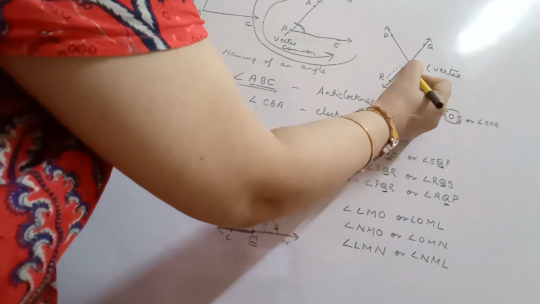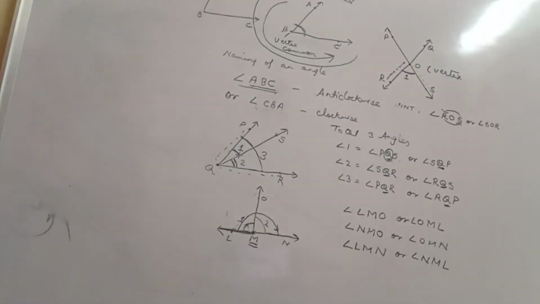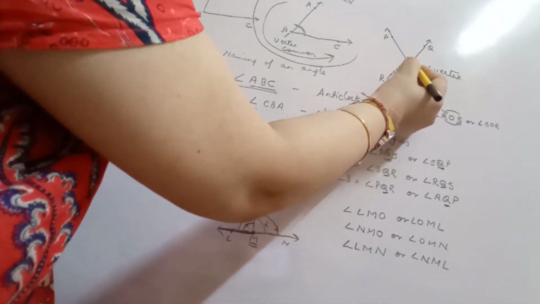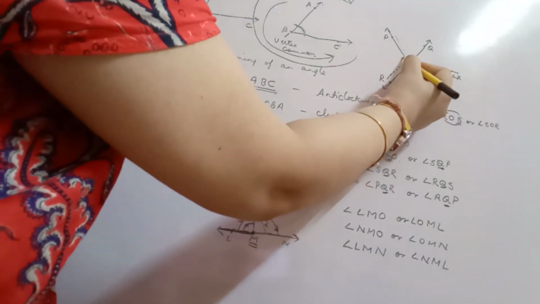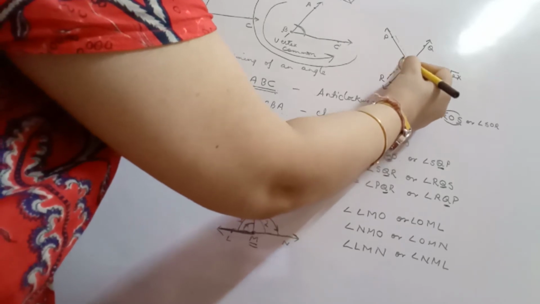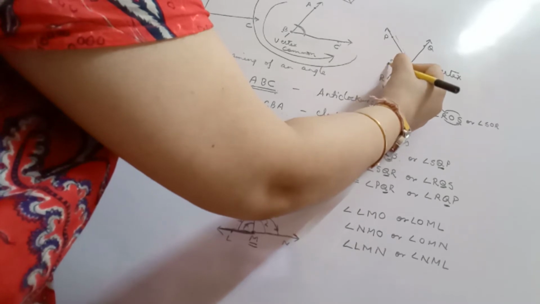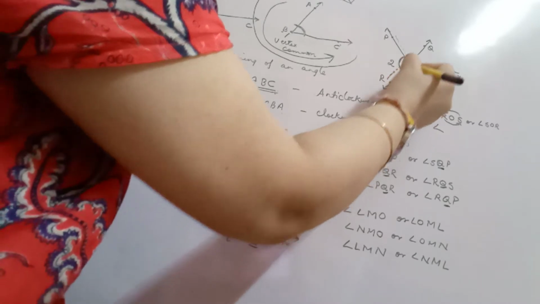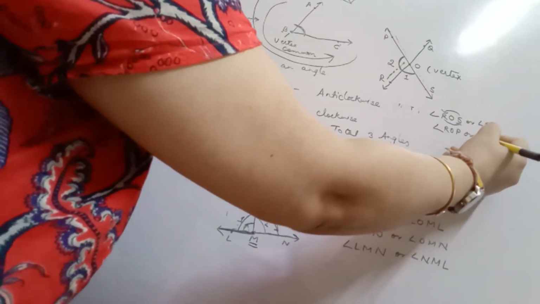Suppose I start again with RO and go till PO. So my marking would be like this, and it will be angle 2. So RO starting with ROP or POR.